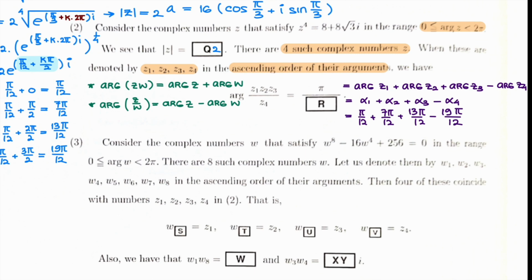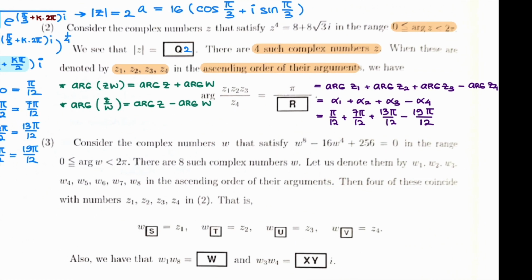If you calculate this, you will obtain 21 pi over 12 minus 19 pi over 12. So your final answer is 2 pi over 12, which is pi over 6. So my final answer for letter R here is 6.